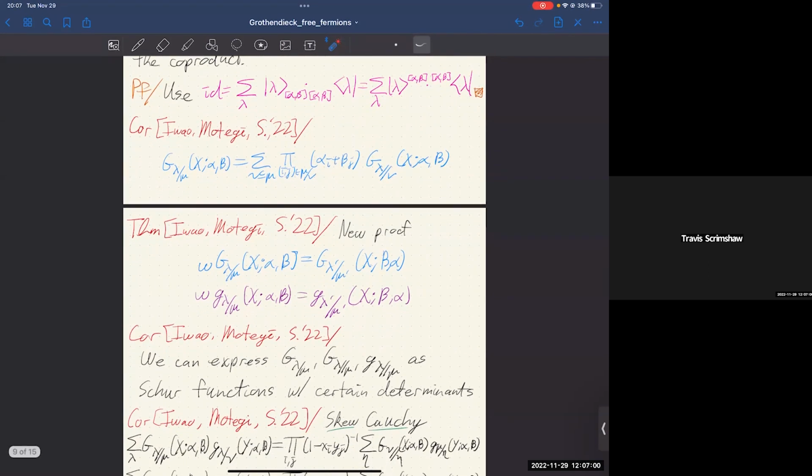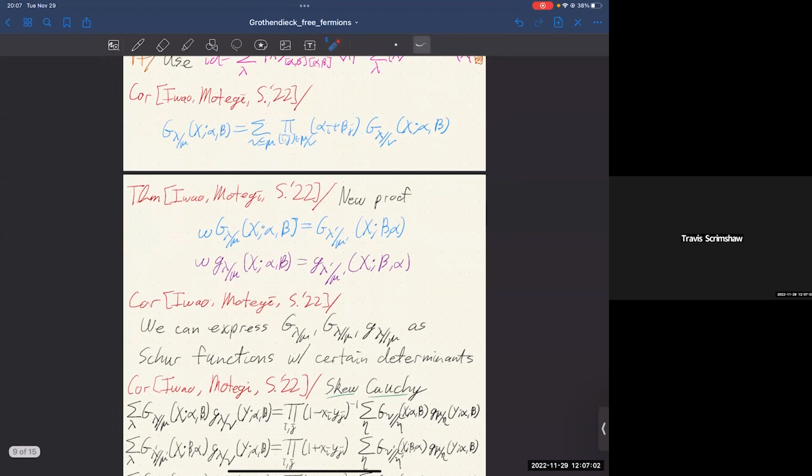We also get a new proof of an identity in Hwang et al. That says if I apply the omega involution to a refined canonical Grothendieck polynomial, it acts as you would expect on the partitions. It sends them to their conjugates, and then it interchanges the two parameters because we built it up thinking of it as combining the Grothendiecks with their weak basis.